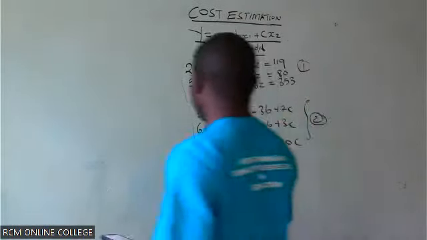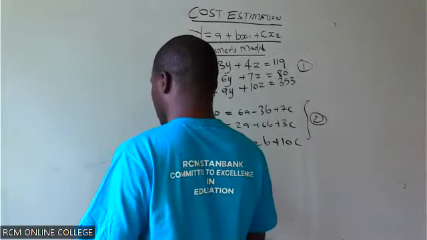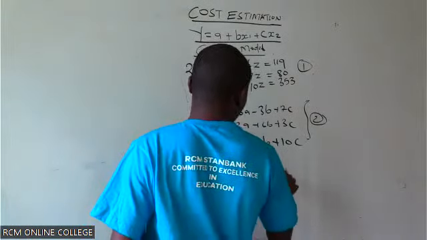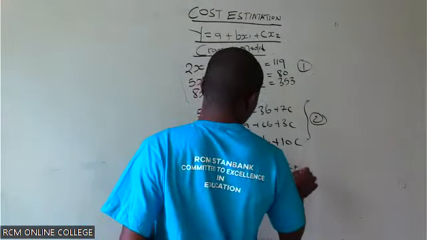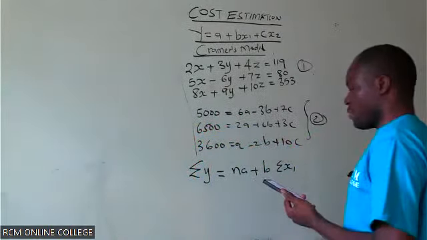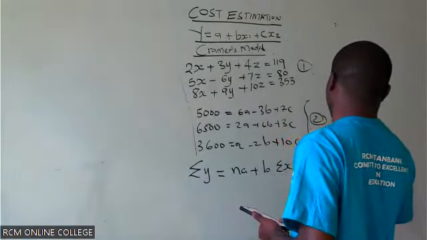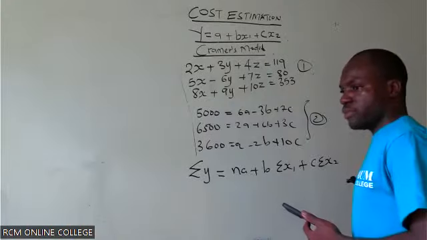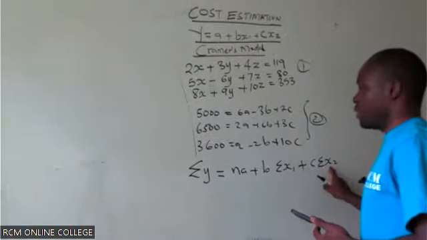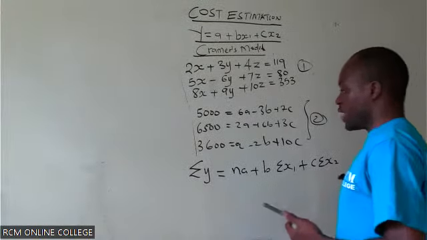You can state that summation of Y is equal to NA plus B summation of X1 plus C summation of X2, whereby this one can be X and this one can be Z, depending on the letters you've decided to use. That's the first one.